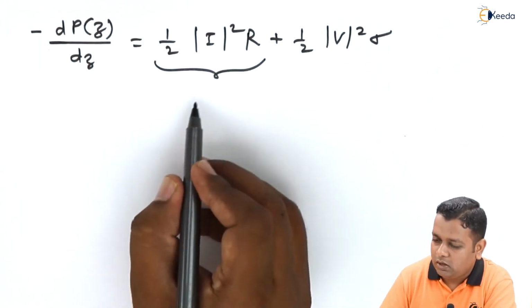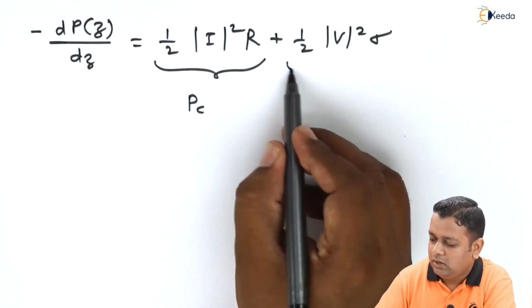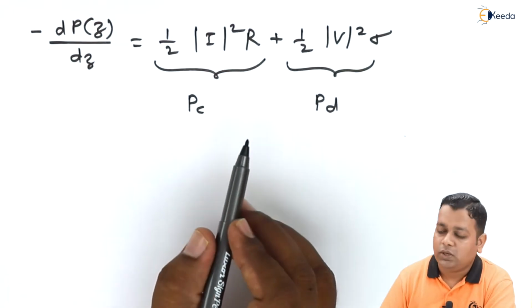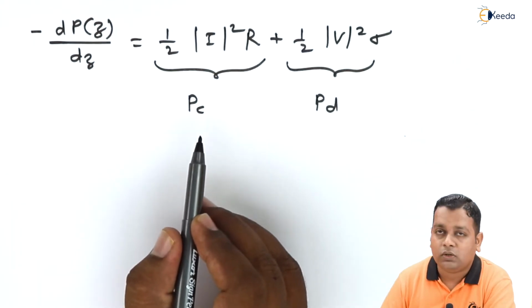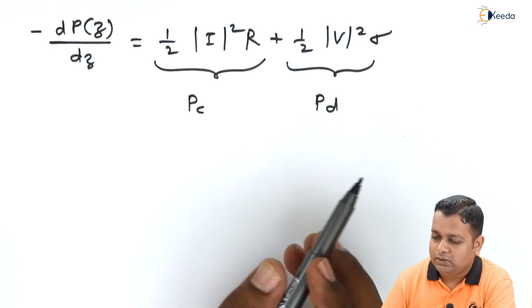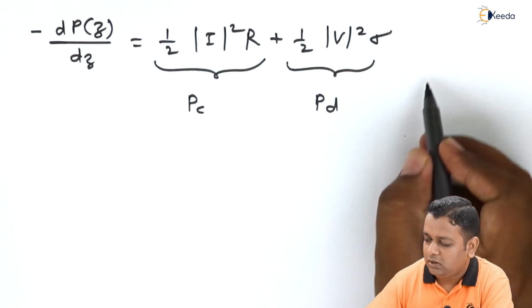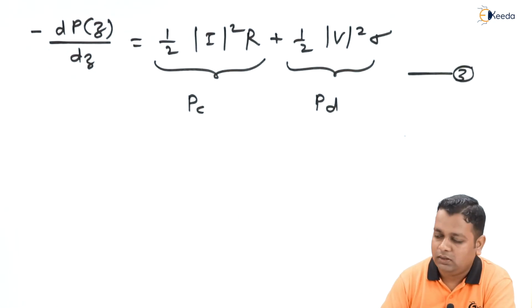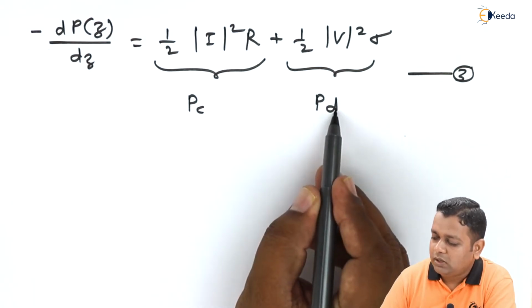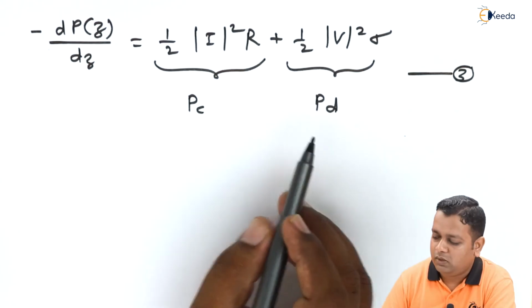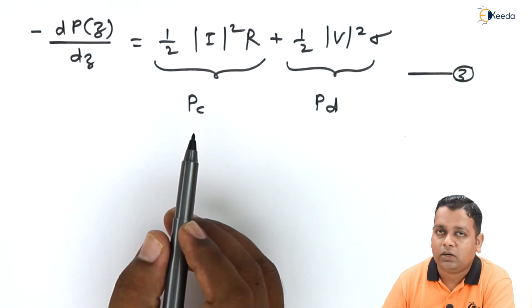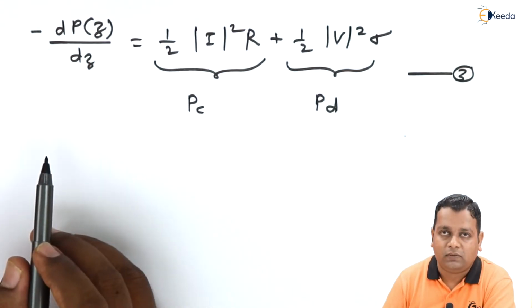This can be accounted as P suffix C and this can be accounted as P suffix D. So it is the gradient of the power due to the conductive material and this is due to the dielectric material. This can be equation number 3 here. The dielectric material accounts for the substrate, whereas the conductivity portion is at two places, the strip conductor and the ground plane.